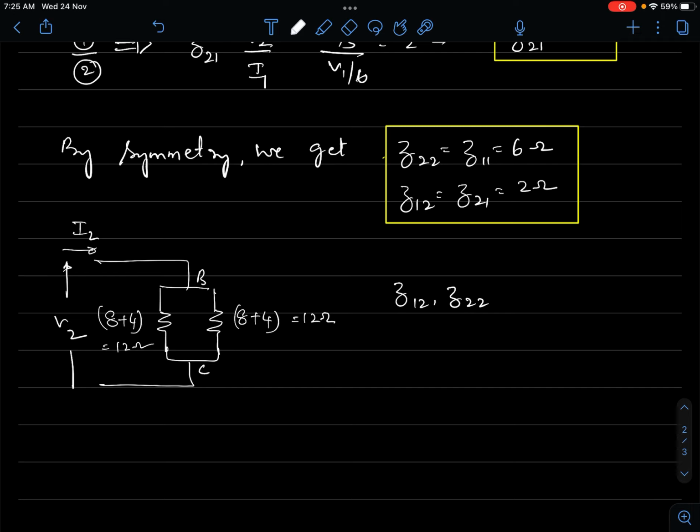So where is I1? Here in this network we have submerged the input port, so I1 is not visible at all. I1 is made 0, but there is I2 and V2. So I2 and V2 would be used to find out the various other relationships. Alright, so that completes the problem.